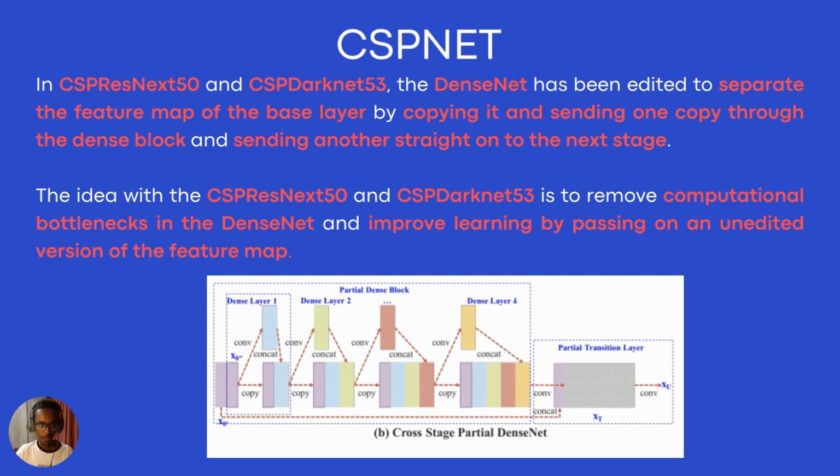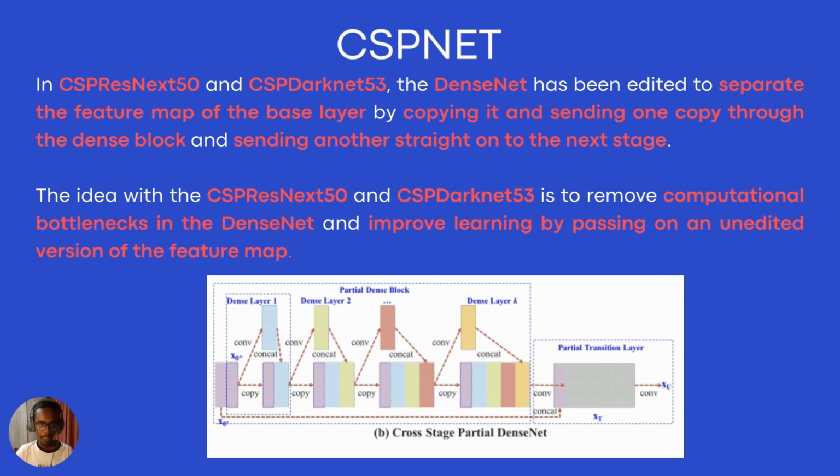So previously on the DenseNet, we just used the entire feature map and performed some convolution, and then we concatenate the output from the convolution with the previous input feature map.